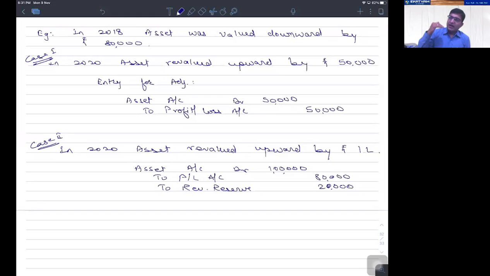Now when you are doing the upward revaluation, to the extent of your previous downward revaluation, you have to cancel the effect of that, and for that purpose, to that extent you will be debiting it to the P&L account, sorry, crediting it to the P&L account. And then the excess amount, if any, will be your unrealized profit, and therefore that will be credited to the revaluation reserve account.